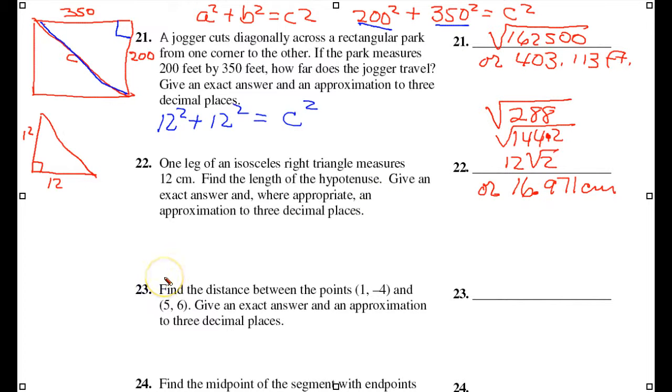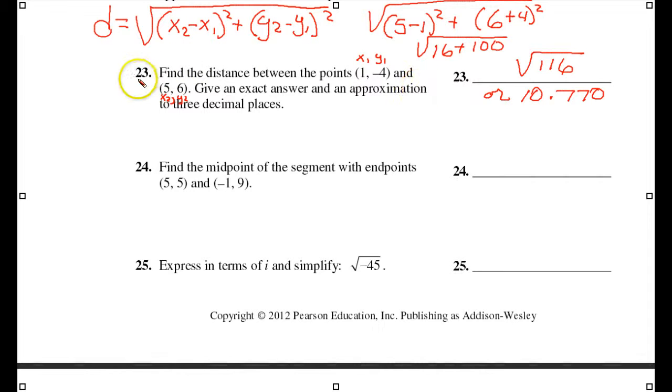Now we're going to get on to number 23. For number 23, you would need the distance formula, which I've written out here for you. I'm sure this is in your notes somewhere. And you just substitute. This is the sub 1s, let's say. These are the sub 2s.